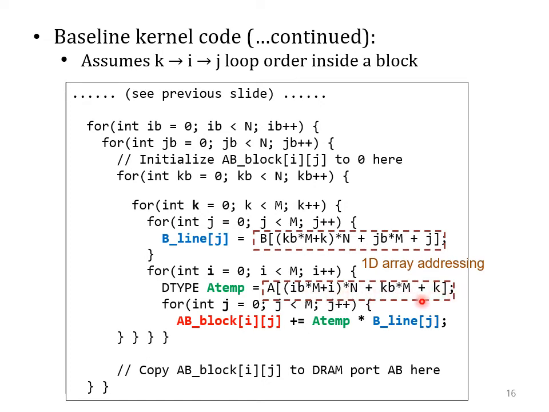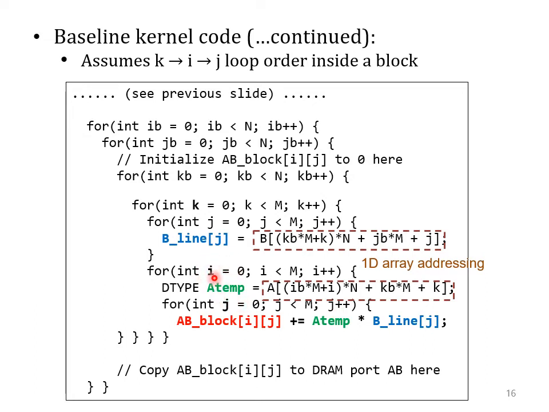Okay. And in the main computation, we're multiplying one element of A with the whole line of B to produce a line of AB in the J loop, the column. And if you want to produce a different row, you're going to do that with the I loop, right?